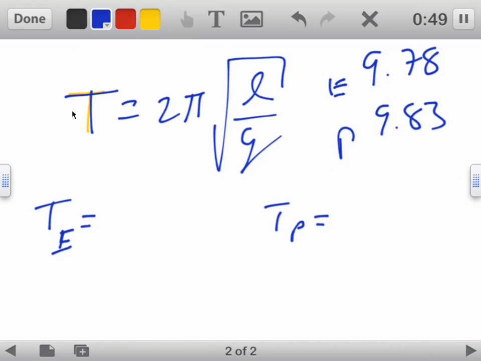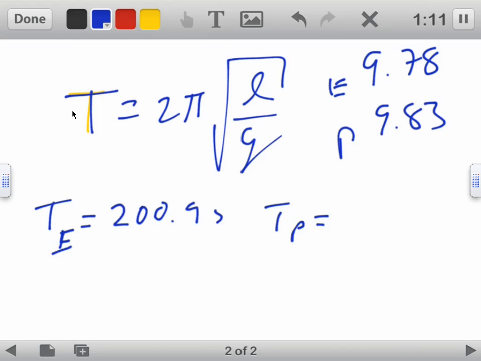So what's the difference? What did you get for the period of the equator? 200.9 seconds.